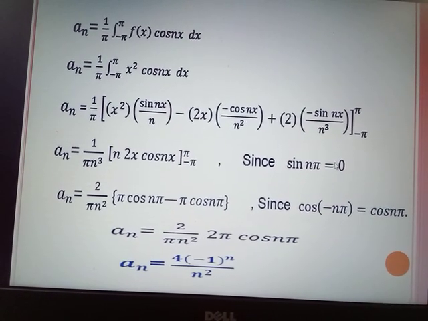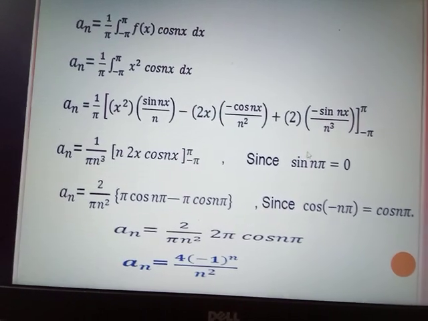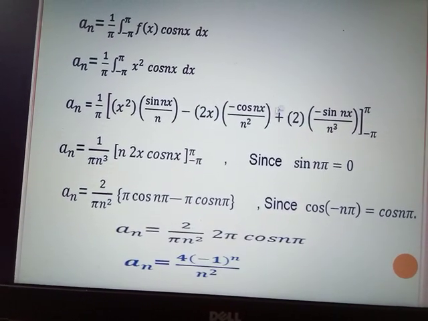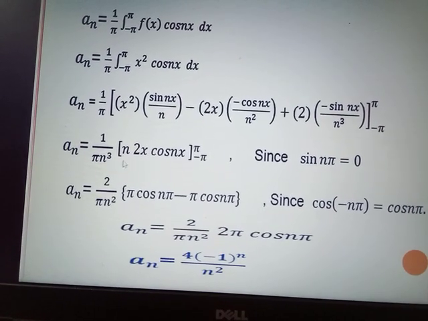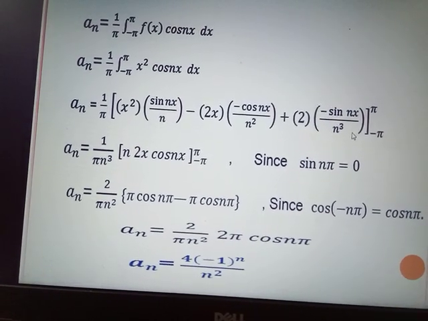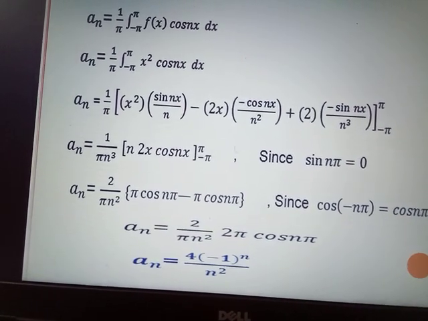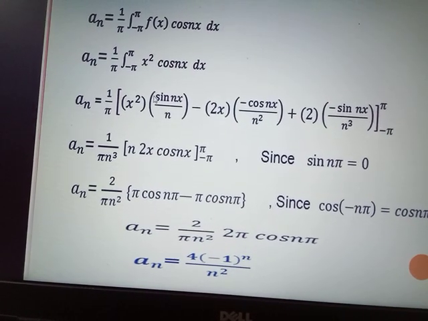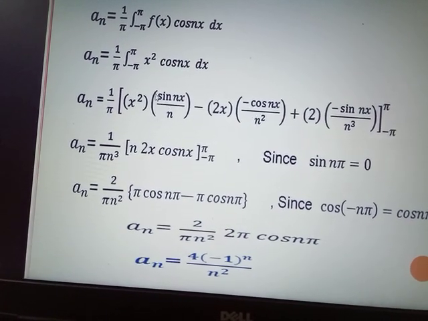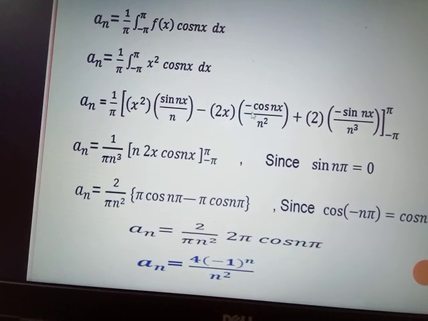We know that sin pi value is 0. Therefore, the first term and the last term will be 0. Only the middle term remains to apply the limits, so that an is equal to, and before that we have to take n cube common in these three terms. When we take n cube common, the coefficient of sin nx will be n square and the coefficient of minus cos nx will be n.